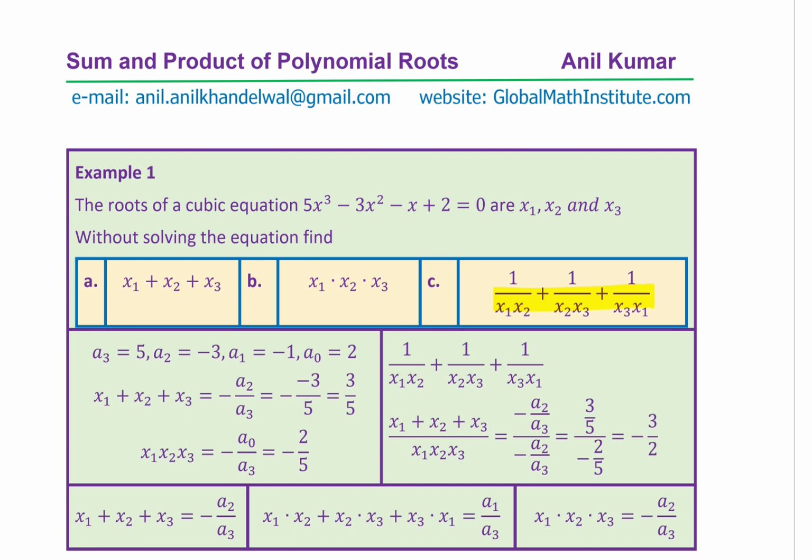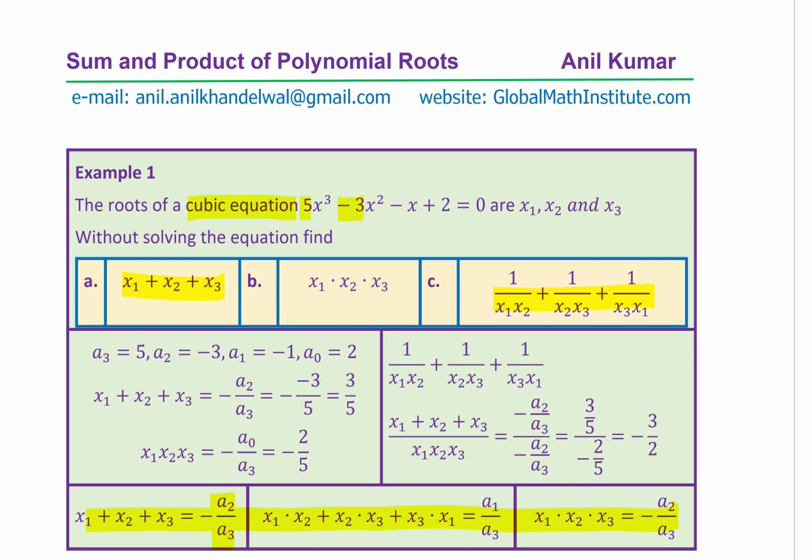Well, let's begin with the very first one. You remember, for a cubic equation, I've given you all the formulas here. We just derived them, correct? So x1 plus x2 plus x3 should be the ratio of what? Well, it should be the ratio of the two terms a2, a3 with a negative sign. Negative of this 3, which will become positive, divided by 5, correct?